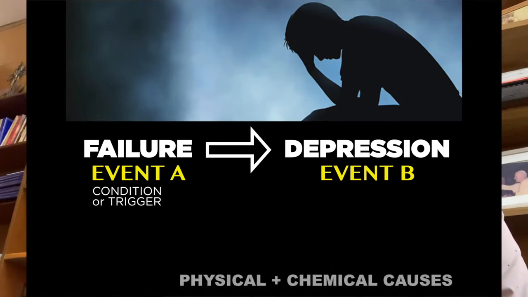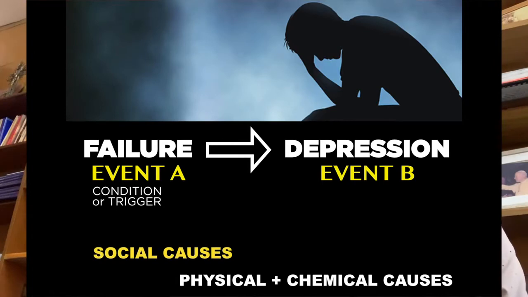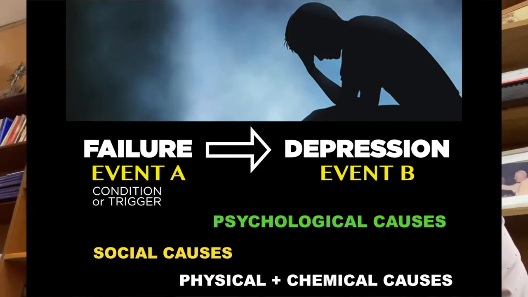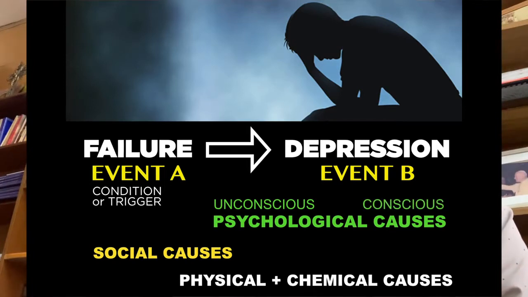The most basic of which would be the physical and chemical causes. It's possible that the person has some chemical imbalance in the brain, or perhaps the person has taken some medication that has caused such an imbalance. There are also social causes like a dysfunctional family or extreme peer pressure. And of course, there are psychological causes. There are the unconscious psychological causes like fears, traumas, unmet needs, as well as conscious psychological causes.